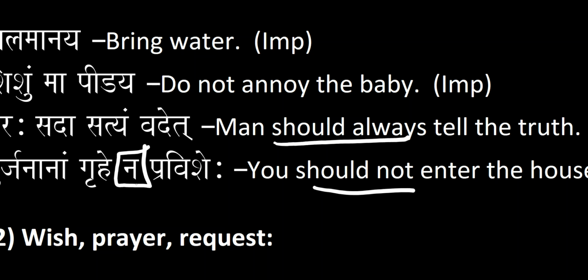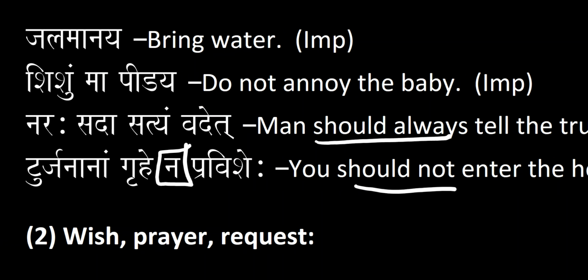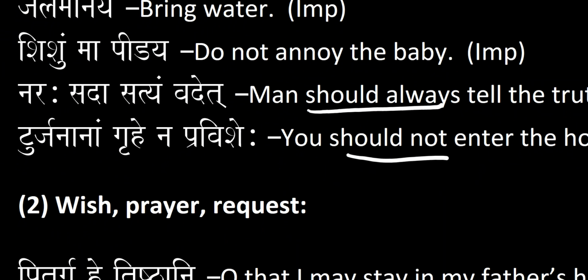So that's why you're using na instead of ma, as in do not annoy the baby. Remember, ma already means do not, so you're not using that for the potential mood. So that's why the last two are in the potential mood.